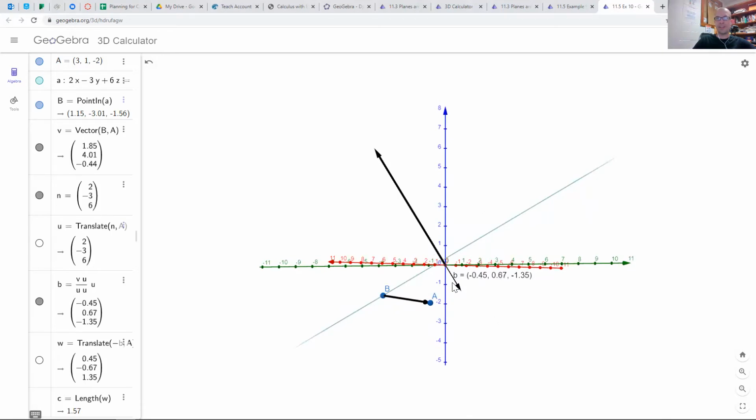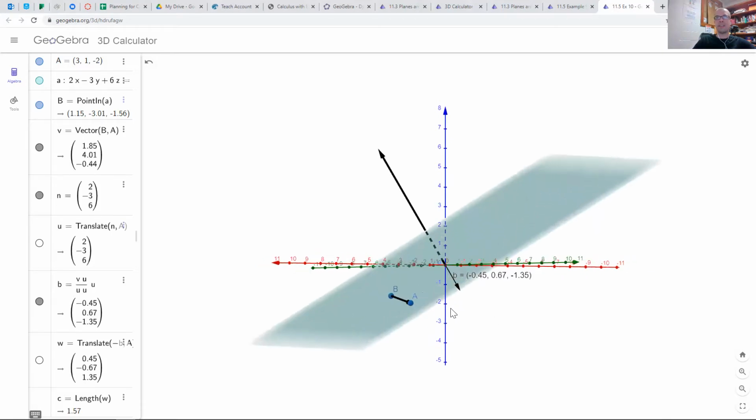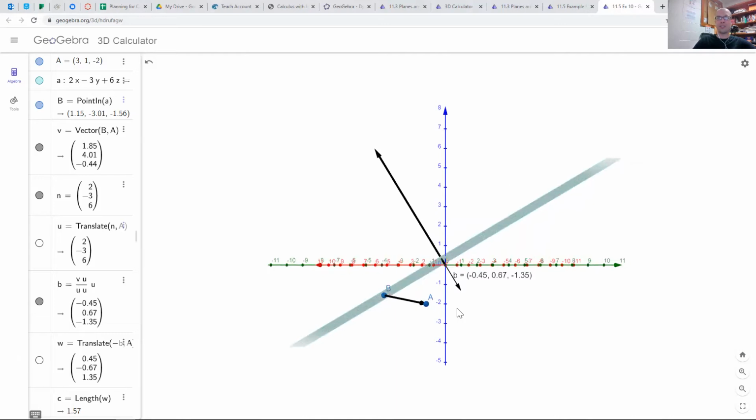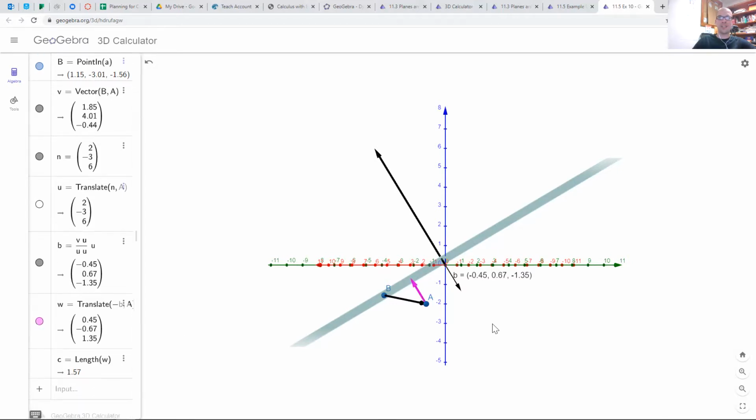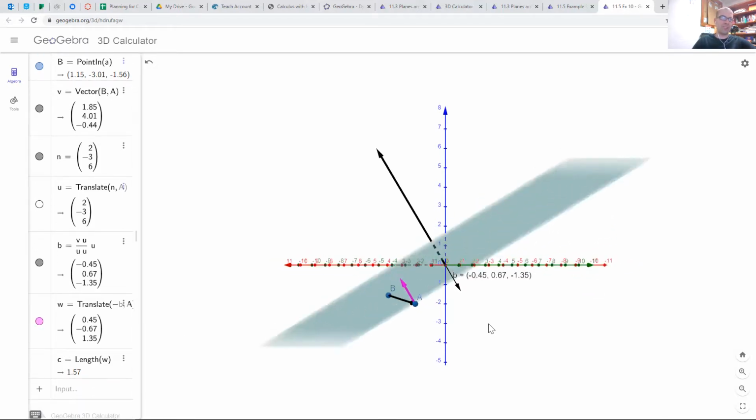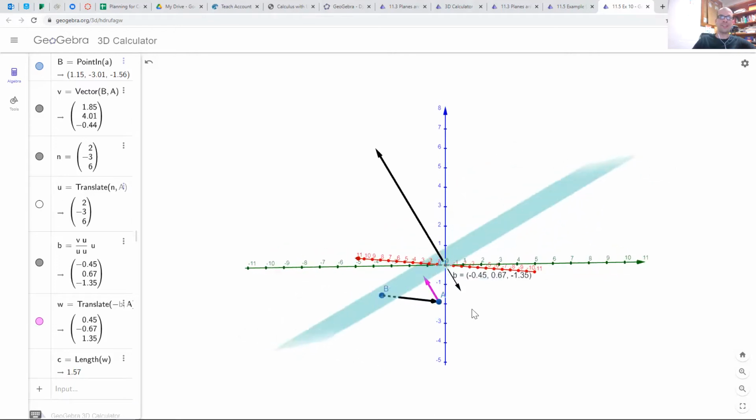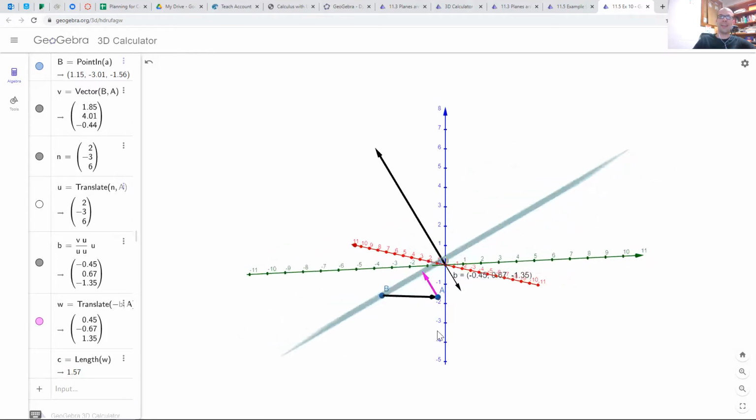So this vector is the one that is the shortest distance to travel between the plane and this point. I think I translated that and changed the direction just to show you that, yeah, you can start at this point and get to the plane, and we're traveling in a direction that is orthogonal to the plane, so it's the shortest distance.